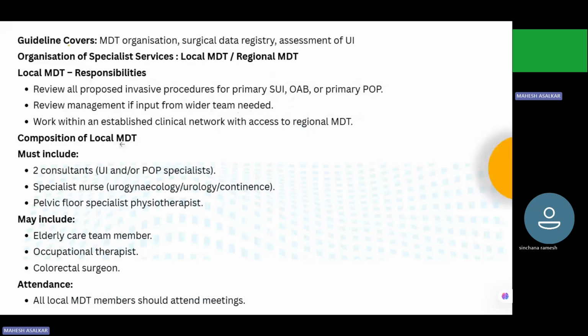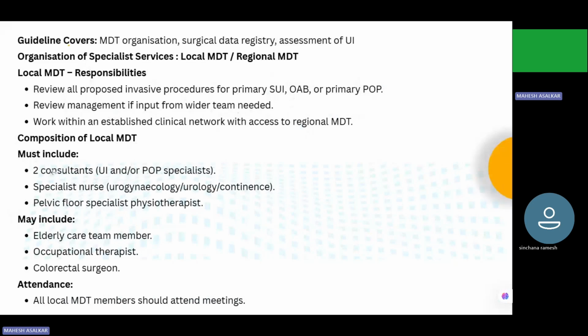So what is the composition of the local MDT? It must include two consultants. So what is must and what may be additional, you should know. So the local MDT should have two consultants, that is the one with urinary incontinence and/or POP specialist, that is pelvic organ prolapse specialist. It is and/or.